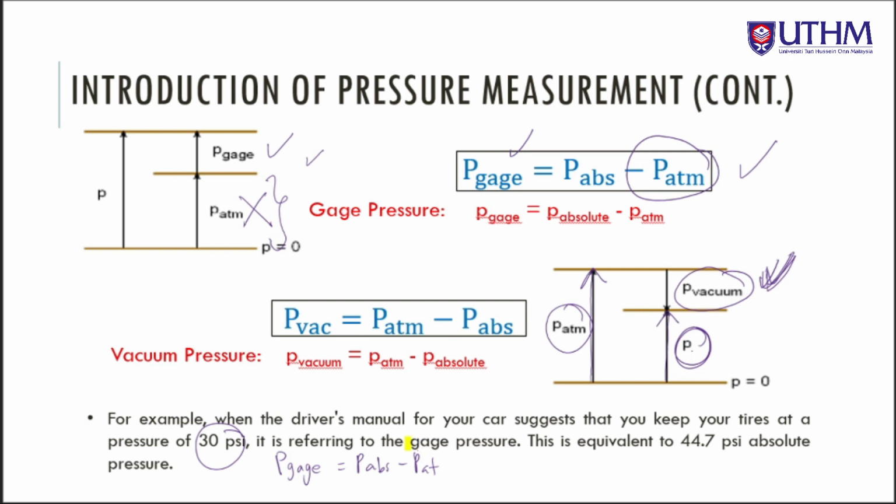Okay, don't be confused, I'm the one who was confused. Sorry, humans make mistakes. So the gauge pressure is 30 psi, equal to P absolute minus 14.7. So in the end P absolute equals 30 plus 14.7, which is equal to 44.7 psi. Okay, so we just use this formula.